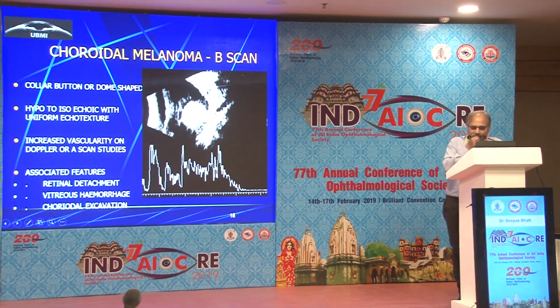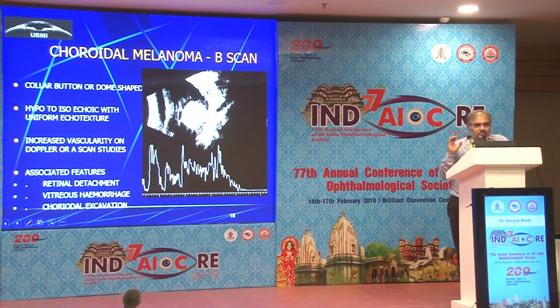Another mass which is of importance to us in an adult age group is choroidal melanoma and the differential diagnosis of choroidal melanoma. Melanoma is the only malignant tumor in the human body which has a very characteristic appearance on an ultrasound. And why is that?